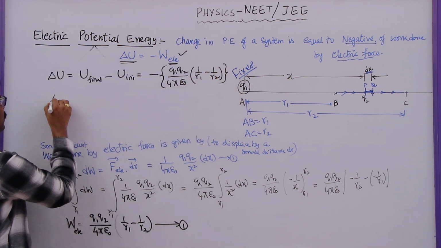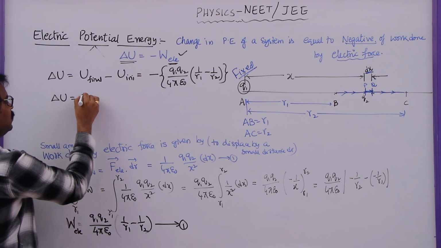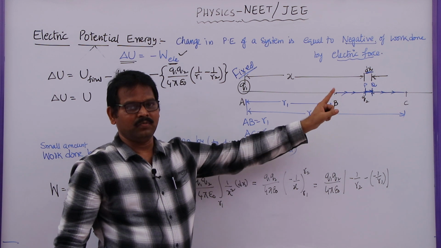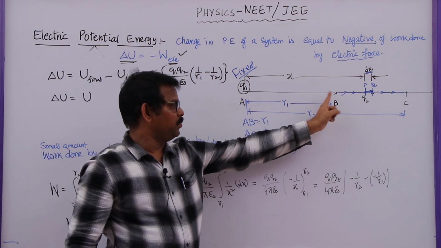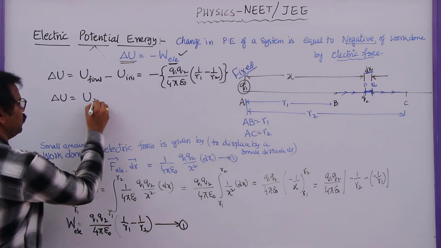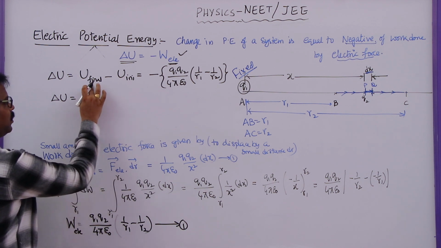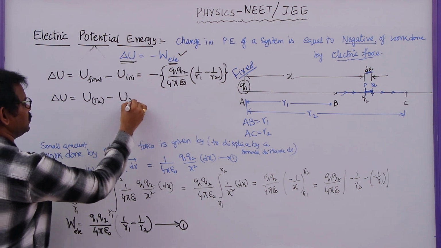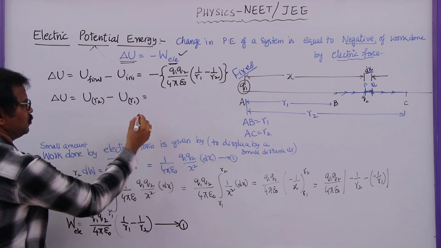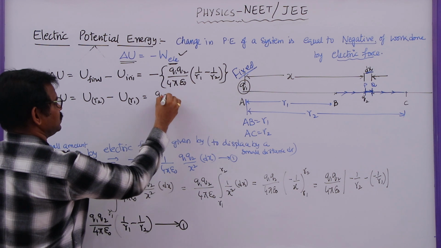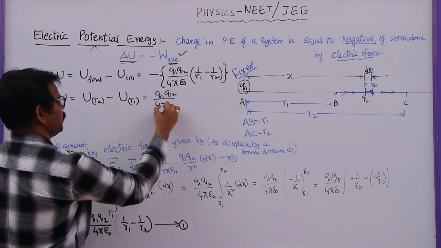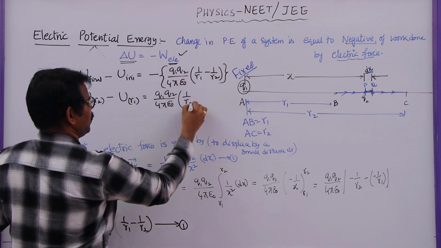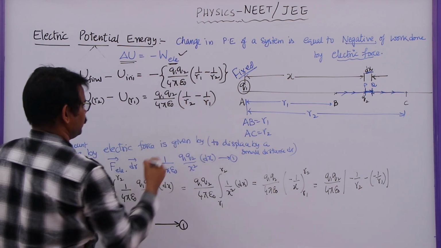Based on this, we can write the change in potential energy, that is potential energy at R2, point C, minus potential energy at the initial point B. So U at R2, the final potential energy, minus U at R1 is equal to the negative of this, which is Q1 Q2 by 4 pi epsilon naught times 1 by R2 minus 1 by R1.